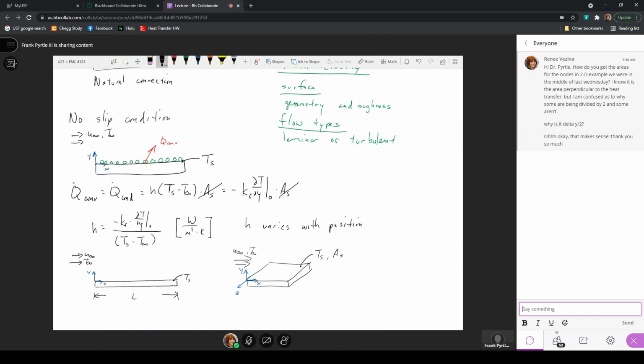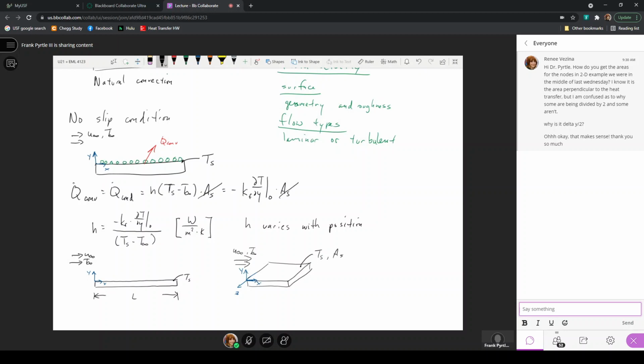So if the air or the fluid is moving in the x direction, or it could have an x and a z component, I would expect that there would be a temperature variation, a heat transfer coefficient variation, over this entire surface for this given surface temperature.